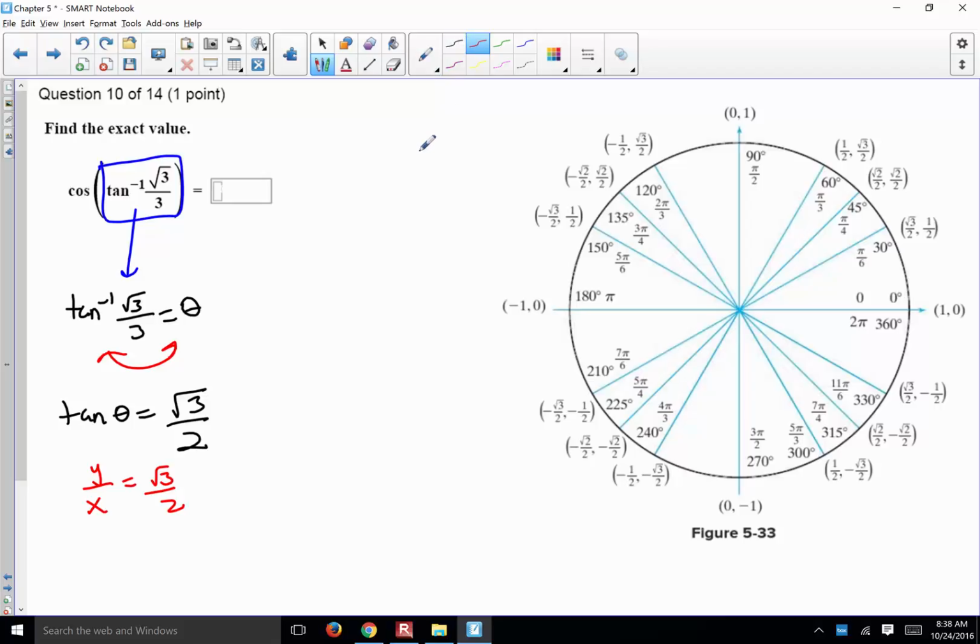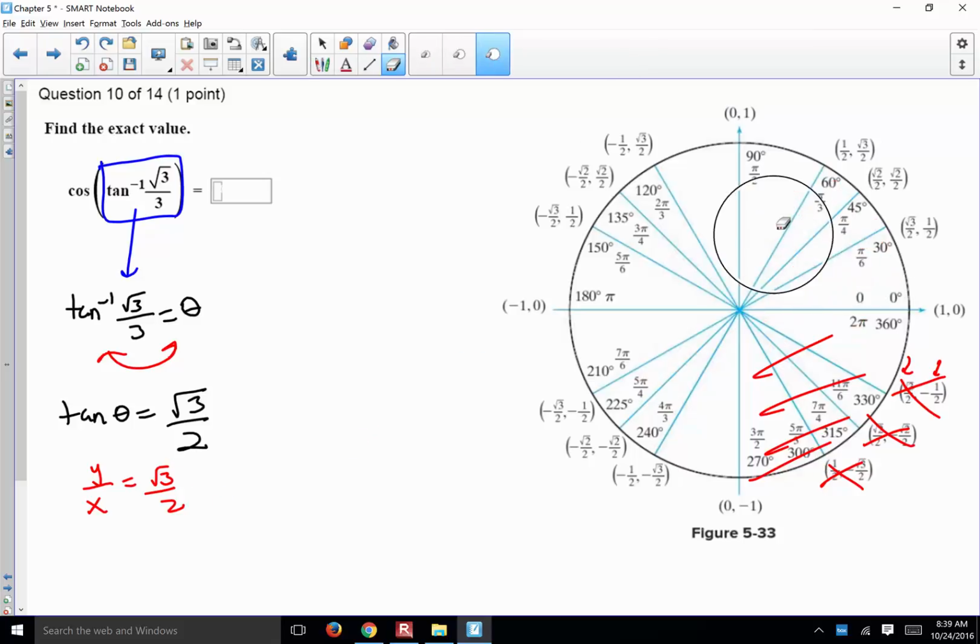So start dividing again on the right side, because tangent inverse gives you a value from minus 90 to 90. Which y value and x value, when divided, become root 3 over 2? Positive root 3 over 2. So it's not on this side, because one positive, one negative gives a negative value. This is a positive value, so your angle is from 0 to 90, guys.